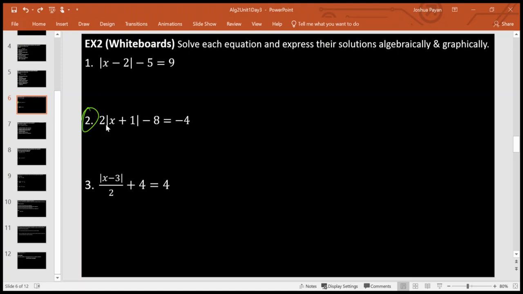So we're going to pretend that we've got 2a minus 8, where all of this right here is like a. Well, how would we do that? We would do plus 8 and then divide by 2, and that's exactly what I'm going to do here. So I'm going to add 8. That leaves me with 2 times our absolute value expression is equal to 4. Then I'm going to divide by 2.